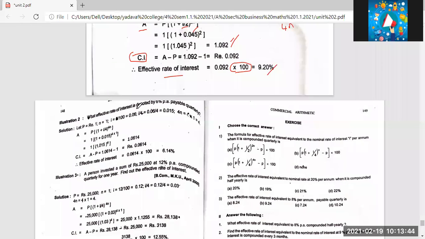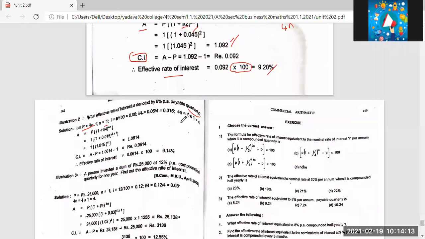Okay, so coming to the next problem. What effective rate of interest is denoted by 6% per annum payable quarterly? Quarterly means we have to use 4. Okay, so let it be as usual. Principal rupee 1, N is equal to 1. I, they have given 6%, 6 divided by 100, that is 0.06. So I quarterly, I divided by 4, that is 0.06 divided by 4, you will be getting 0.015.